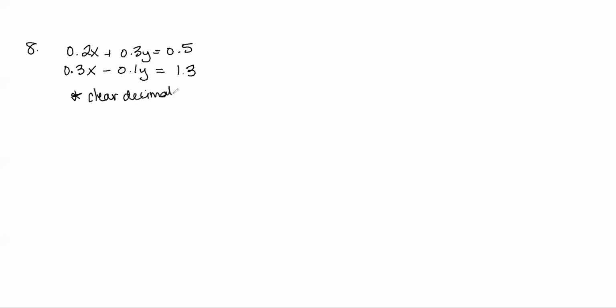And if you remember from chapter 2, we want to multiply by the highest decimal place, which in this one, we have 0.2, 0.3, 0.5, 0.3, 0.1, 1.3. They only have one number in the decimal place, so we can multiply all of these by 10.